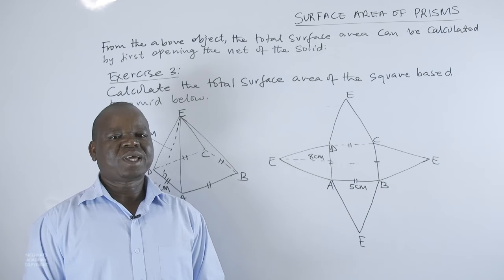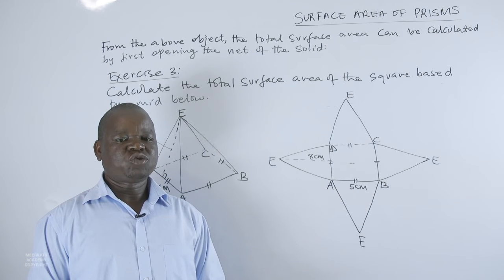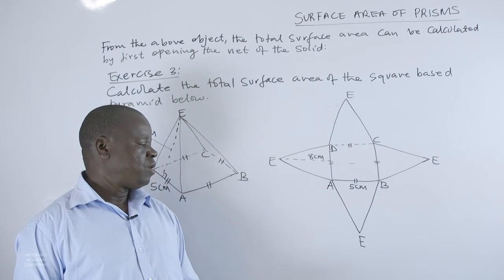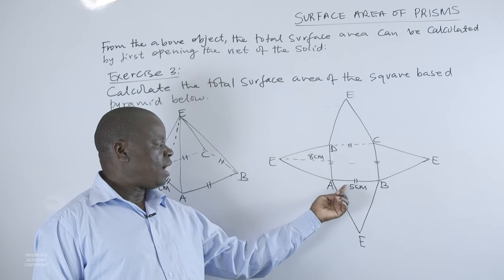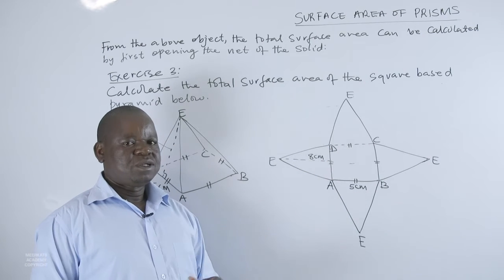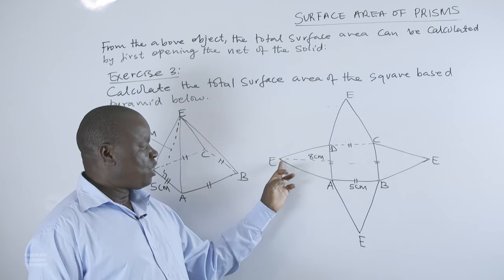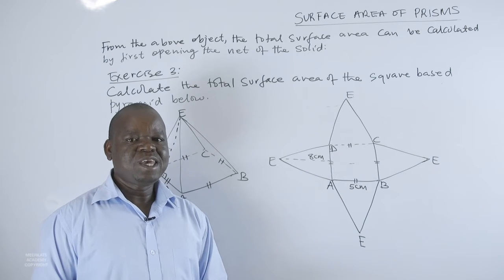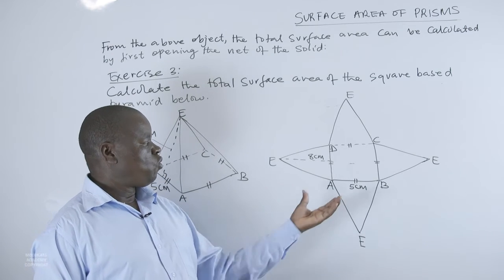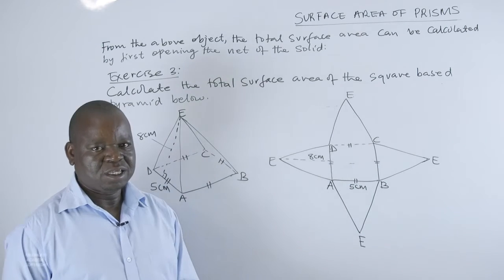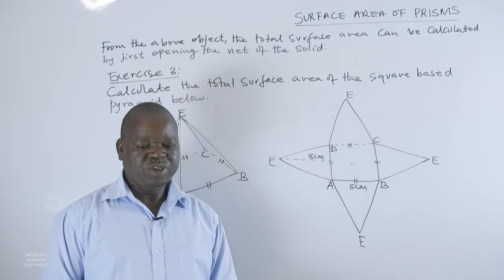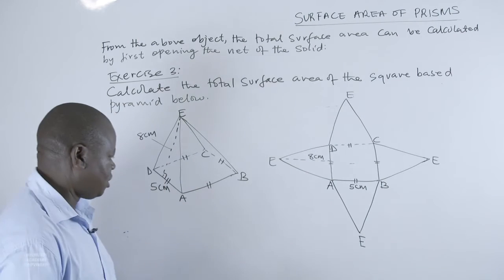Those are the 4 similar triangular faces that we have, whose dimensions are, the base is 5 centimeters, and the perpendicular height we have been given as 8 centimeters. So we are able to calculate the surface area of that square-based pyramid.